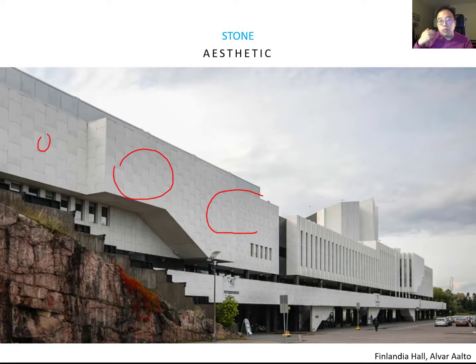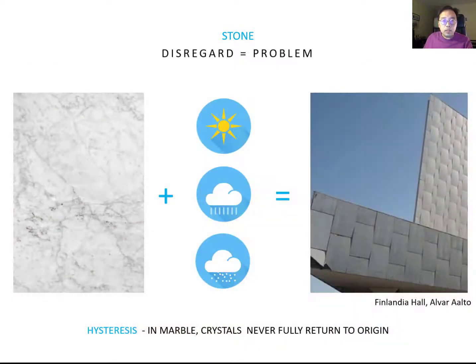So that's why we have to be very careful using very thin cut marble for cladding exposed to the direct sunlight. You have to understand that one of these problems is panel bowing. When marble is exposed to direct sunlight or direct weather, it bows.